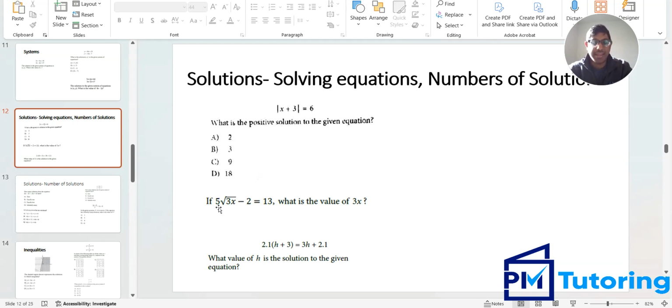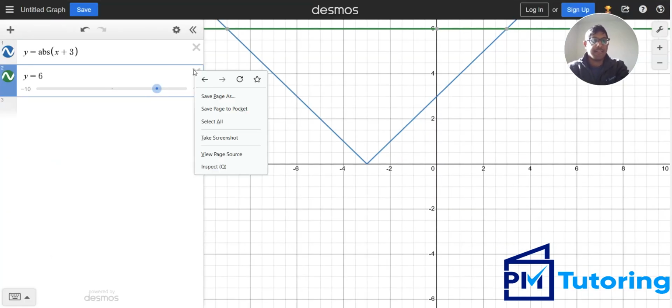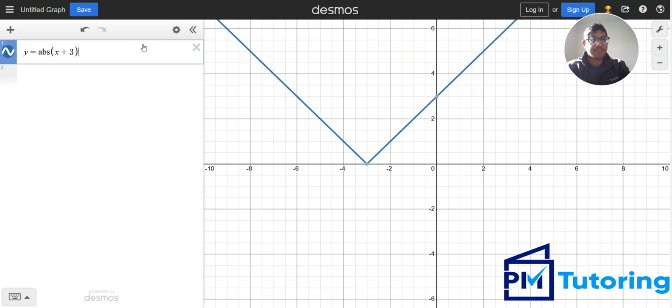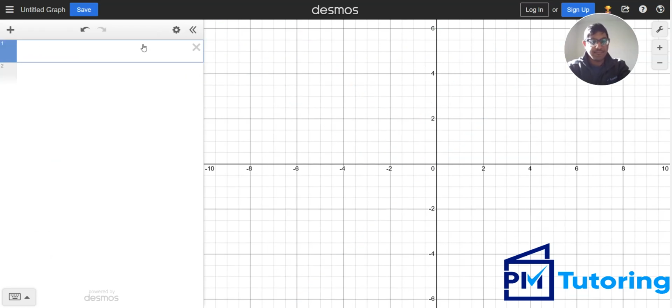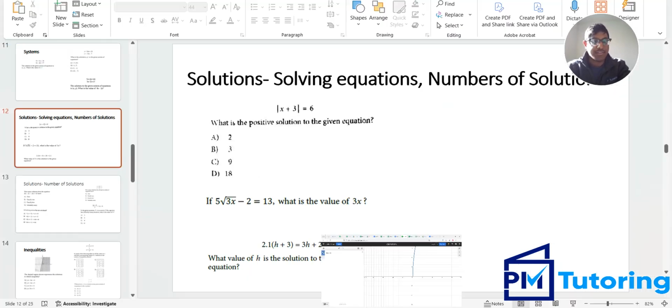Now we could do this with a square root over here, 5 times the square root of 3x minus 2. So that's 5 times the square root, so we just type in SQRT, and that was 3x plus our minus 2.